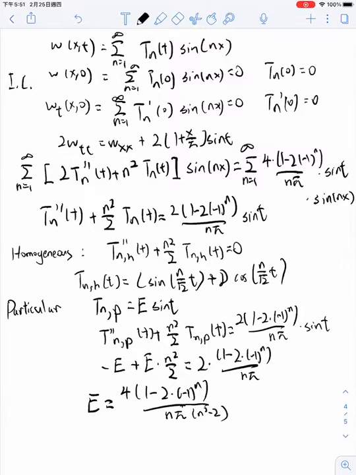So in the following part, we're going to solve the coefficients C and D. In this part, we need to use the initial condition. First, we combine the homogeneous and the particular solution.